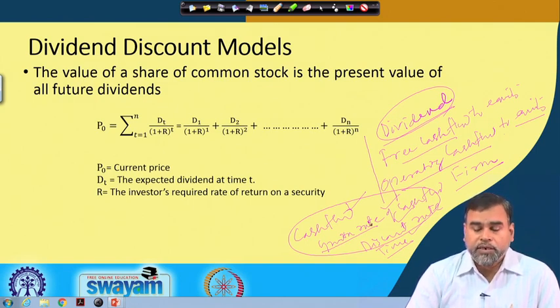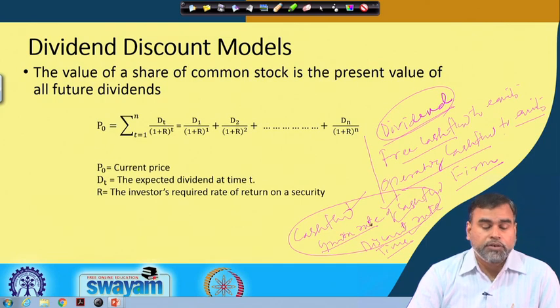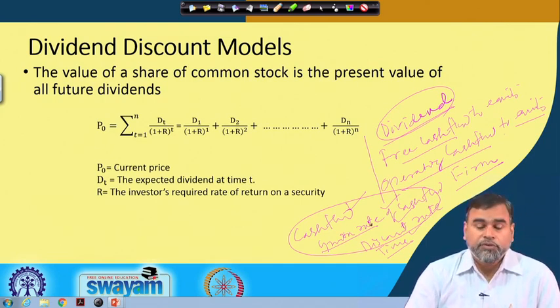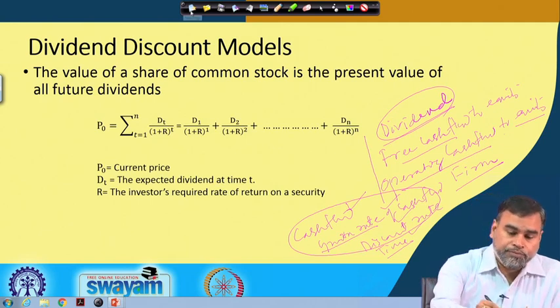Finally we can find out P0, which is nothing but the intrinsic value of that particular equity. This is the valuation principle or formula used for valuation of the equity using dividend as the cash flow.